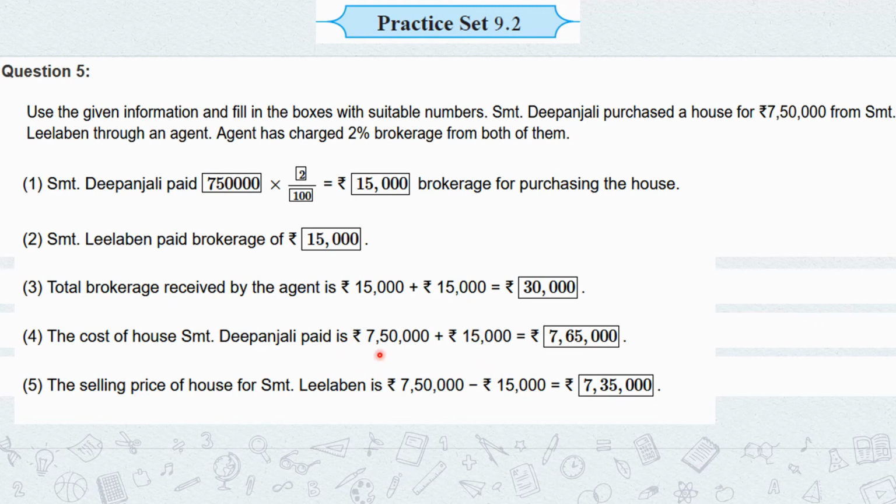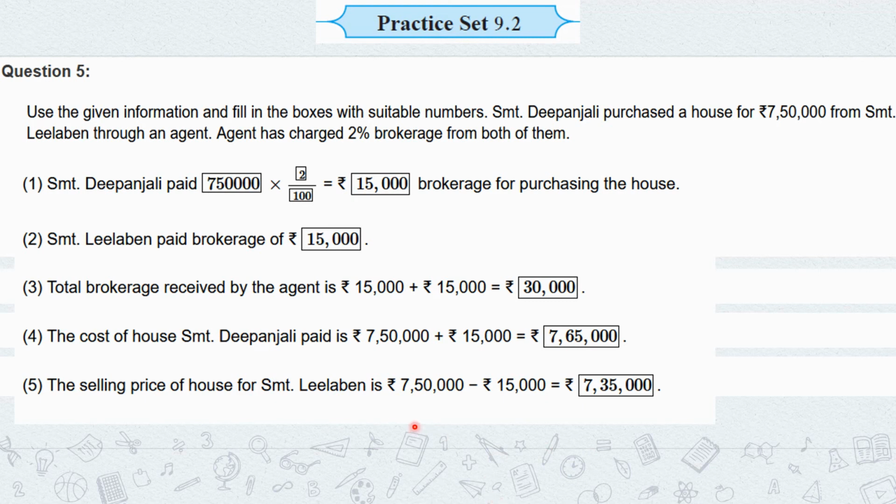Now the cost of the house for Srimati Dipanjali: she paid 7,50,000 plus 15,000 more for the agent. So in total, Srimati Dipanjali paid 7,65,000, that is including the brokerage. Now the selling price of the house for Leelaben: as Leelaben sold it, she had to subtract the 15,000, as she also had to give 15,000 to the agent.